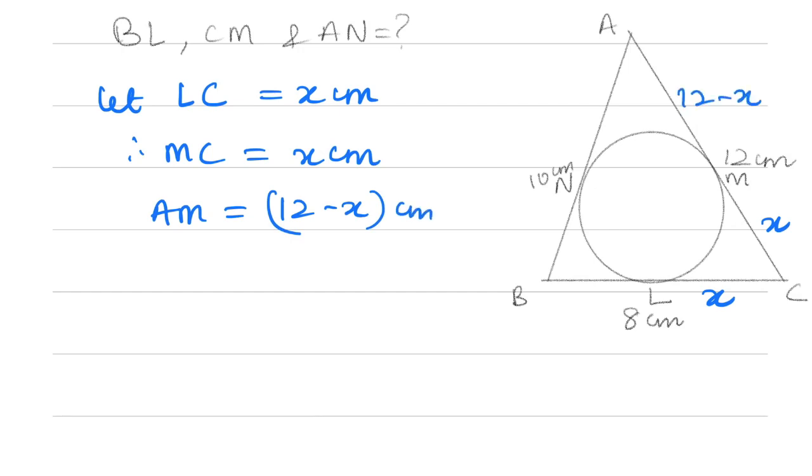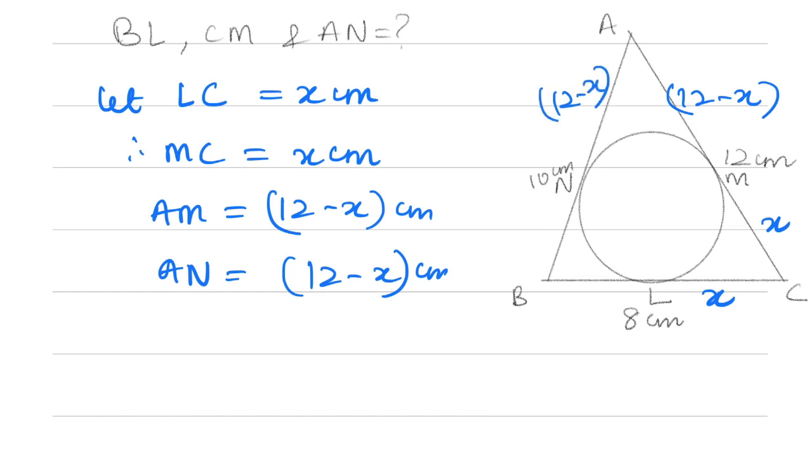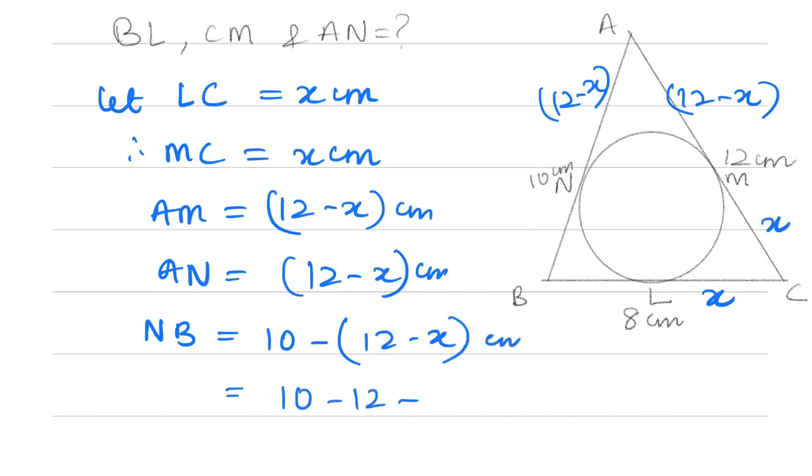Then AN will also be equal to 12 minus x centimeter. Then NB or BN will be equal to 10 minus (12 minus x) centimeter. So this would be equal to 10 minus 12 plus x. This would be equal to x minus 2 centimeter.